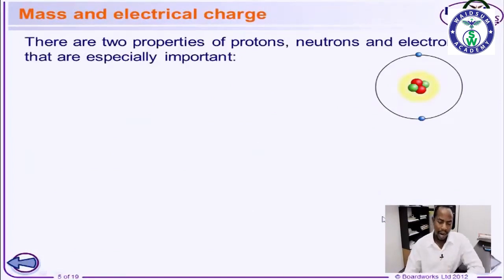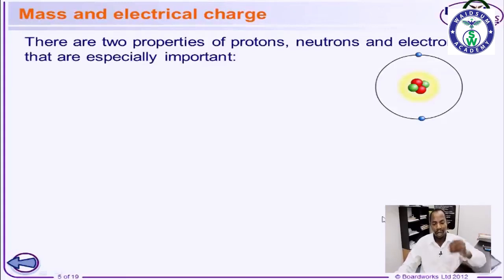Have you understood the atom and the subatomic particles, such as the proton, the neutron, and the electron? Then we need to understand the composition, the properties and characteristics of these subatomic particles.